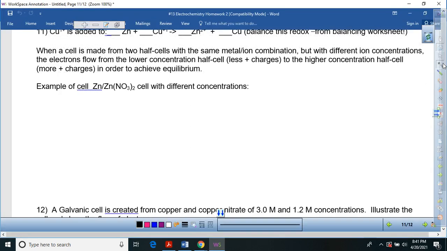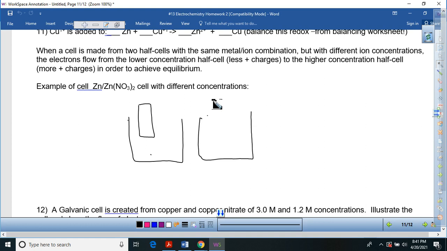Okay, now you can also use half cells that have the same exact elements and the same exact solutions. So for example, let's say I have two half cells and they both have zinc and they both have zinc nitrate.